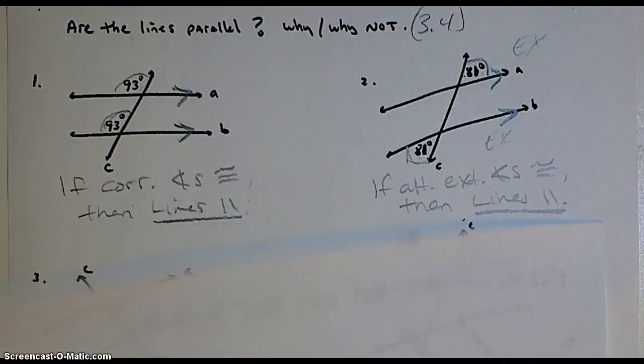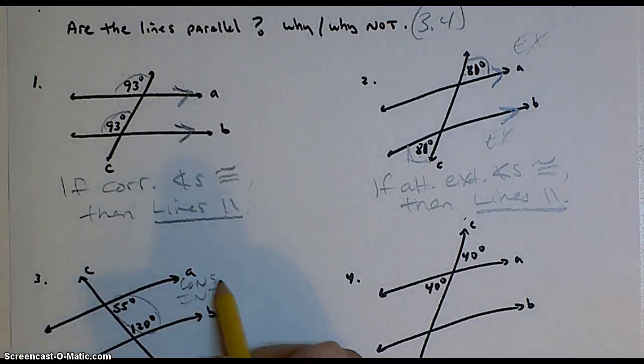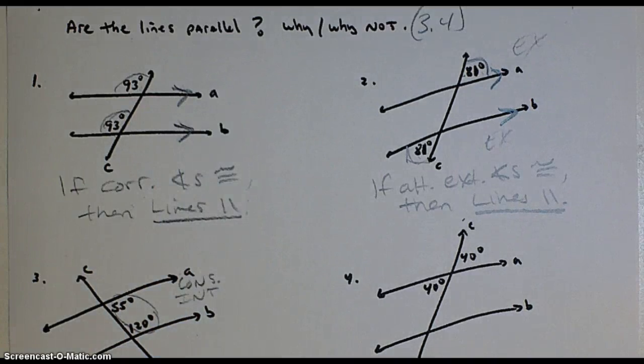Okay? So now let's try angles 3 and 4. Well, angle 3 is a little different because both of these angles are on the interior of lines A and B. And they're on the same side of the transversal, so they are consecutive interior angles. What do we know about consecutive interior angles if the lines are parallel?